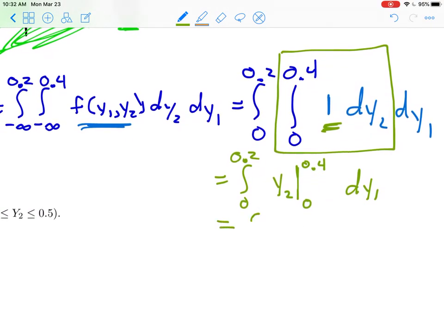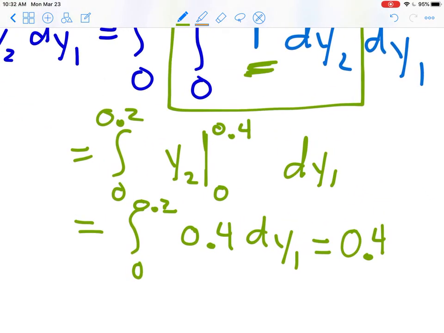And so we get an integral from 0 to 0.2 of 0.4 dy1. Then we integrate with respect to y1, and we get 0.4 y1 evaluated from 0 to 0.2. When we substitute in, we get 0.08.